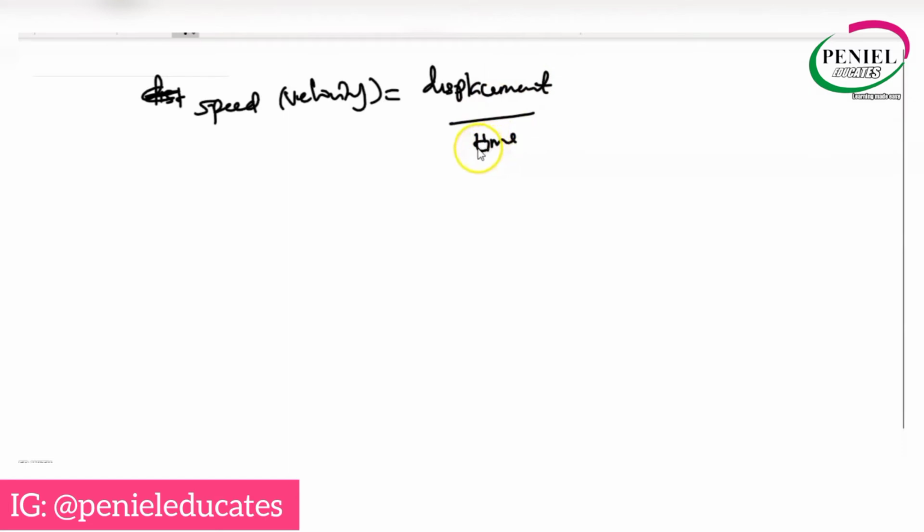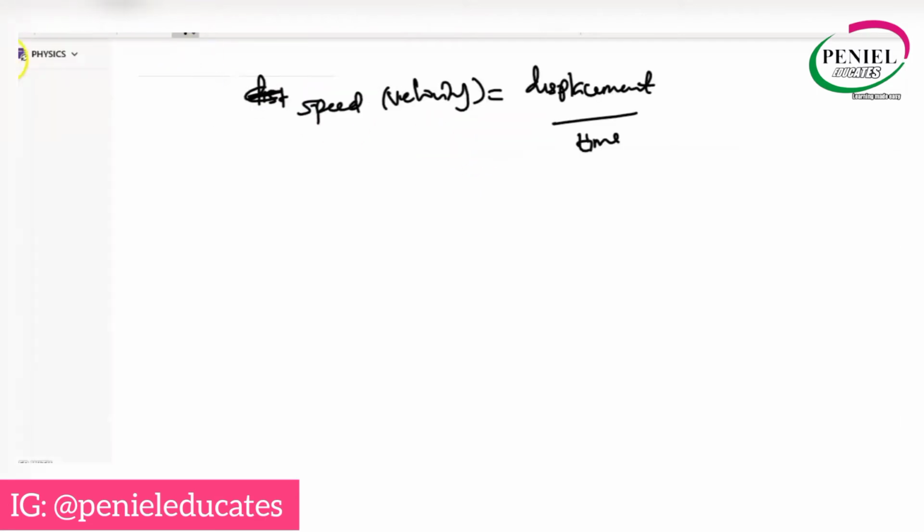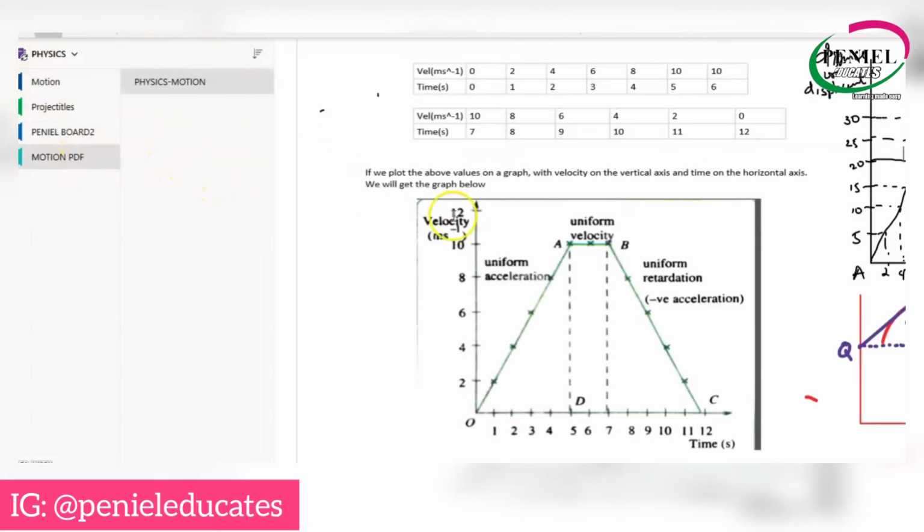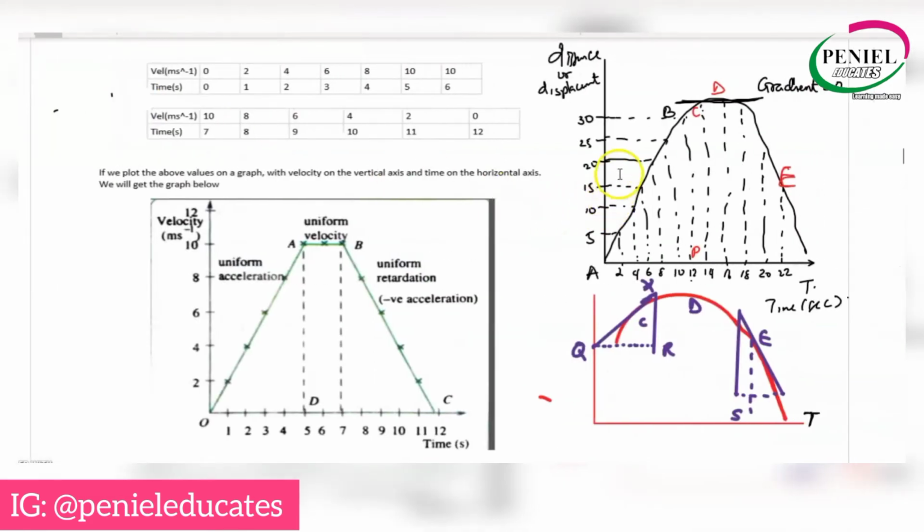And you discover that the gradient of the slope, that is line AB, let me go back to where we are. We have line AB here. That gradient or slope of that line is the same, or constant, along AB.